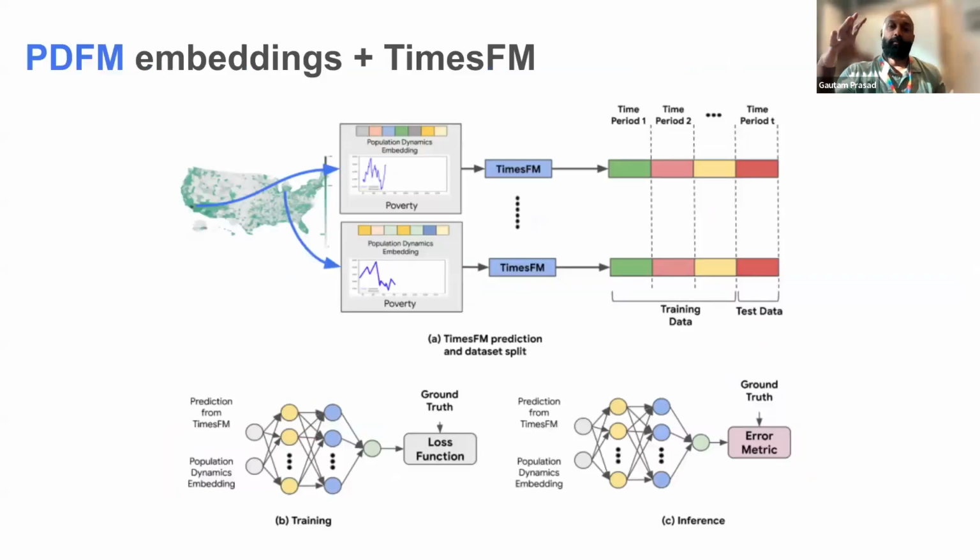We've also been able to apply PDFM to forecasting, and the way we've done this is we take another foundation model called TimesFM from Google Research, a general purpose foundation model that's able to do univariate forecasts over time.